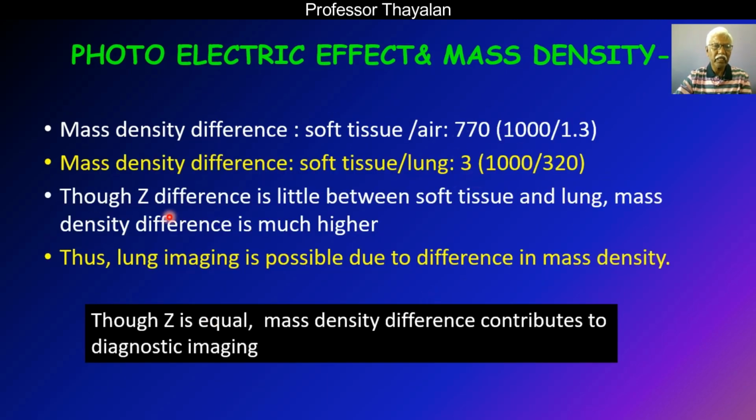That is the reason why, though the atomic number difference is little between soft tissue and lung, the mass density difference is much higher. This is the reason why lung imaging is possible in diagnostic radiology. So as a take-home message, though the atomic number difference is small or equal, the mass density difference contributes to diagnostic imaging.